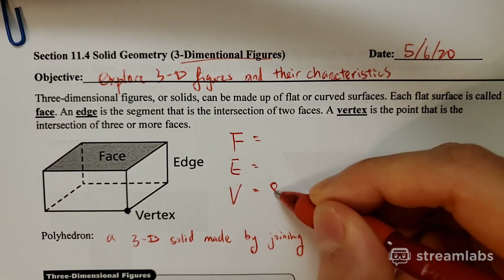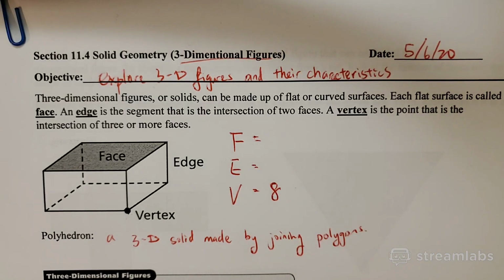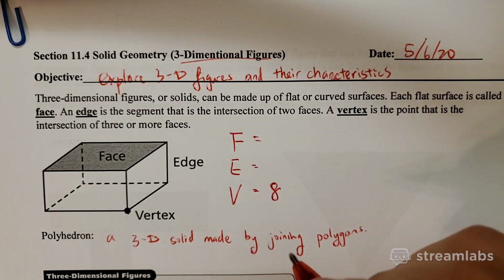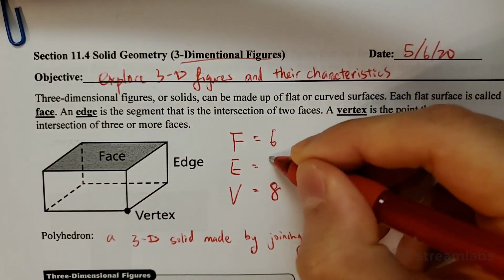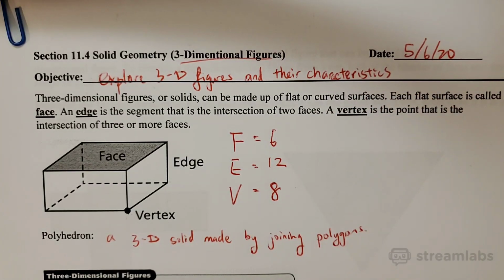So V is 8. What else? 12 and 6, right? So 6, 12, 8.